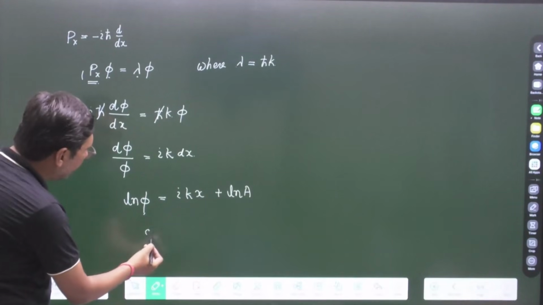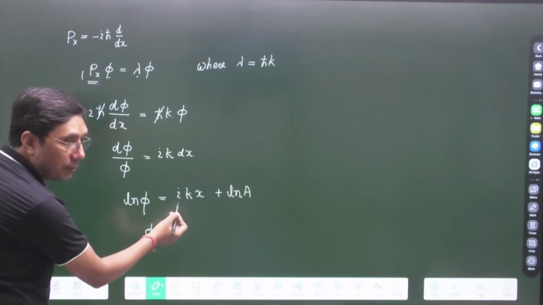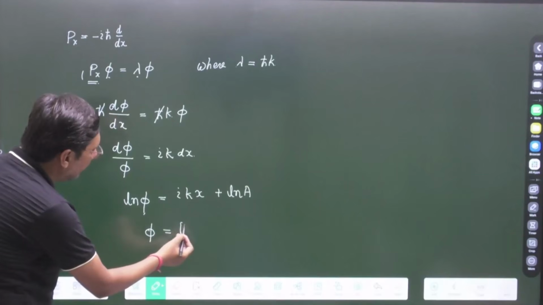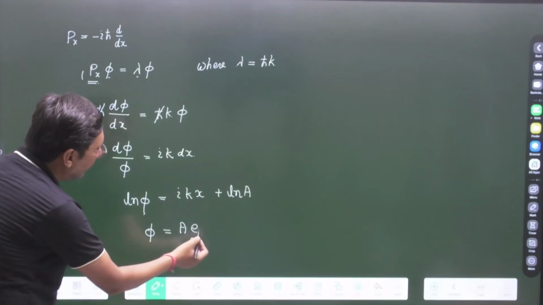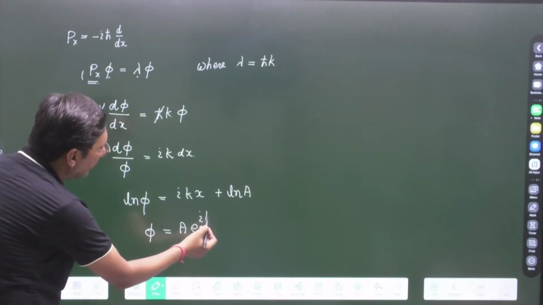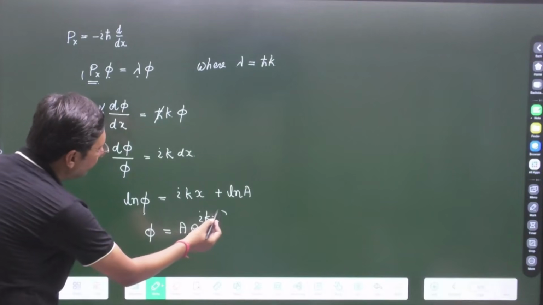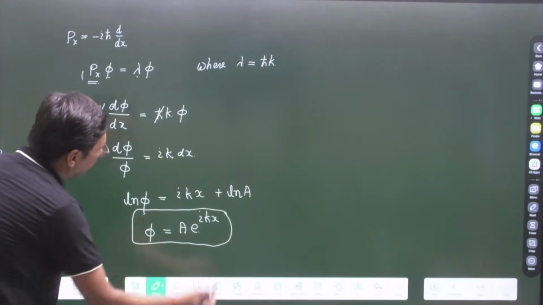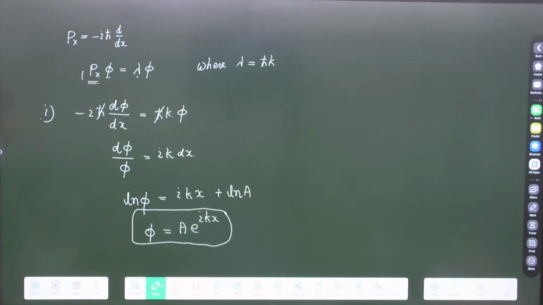So what will be your equation? This will be phi by a equal to e to the power iota kx. So phi will be equal to a e to the power iota kx. So actually this is the eigen state of the momentum operator.